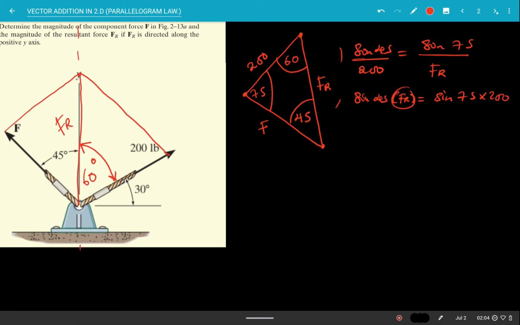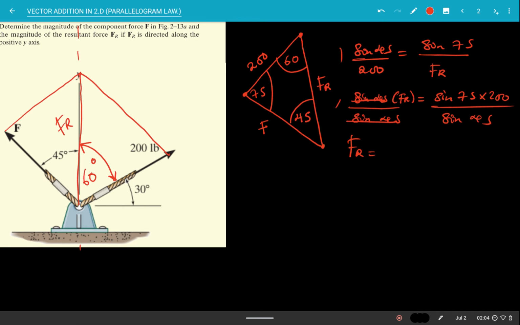Since I'm looking for FR, what I have to do is divide both sides by sine 45. That cancels with that. So FR is equal to, I'll just have to compute this: sine 75 times 200, then you divide it by sine 45.